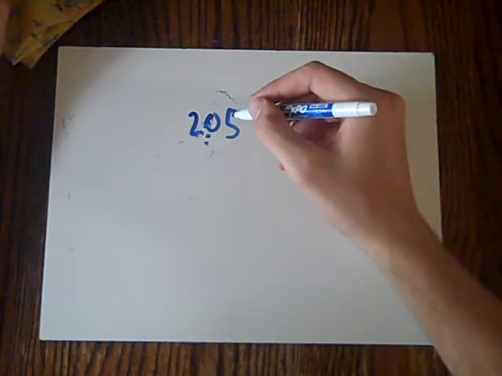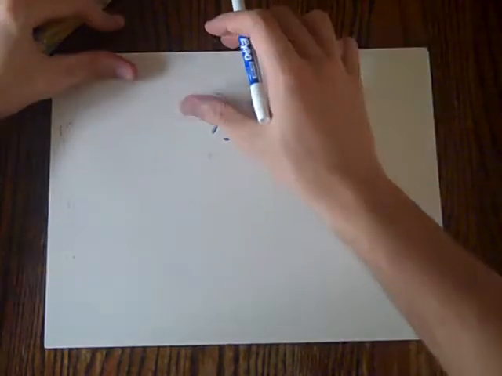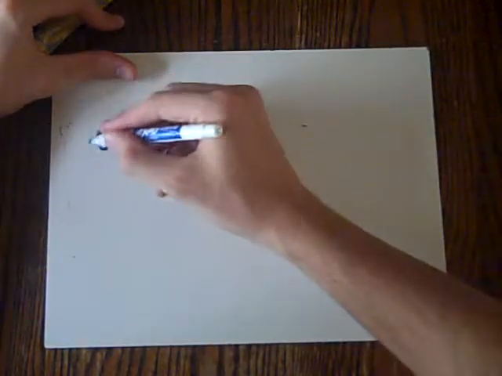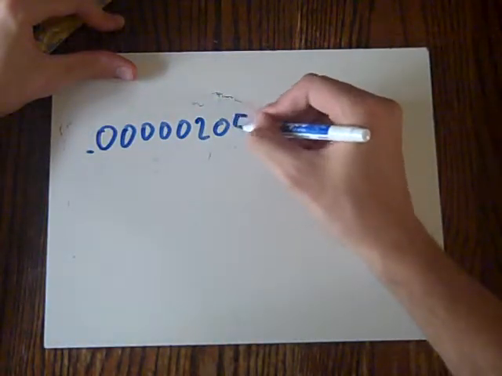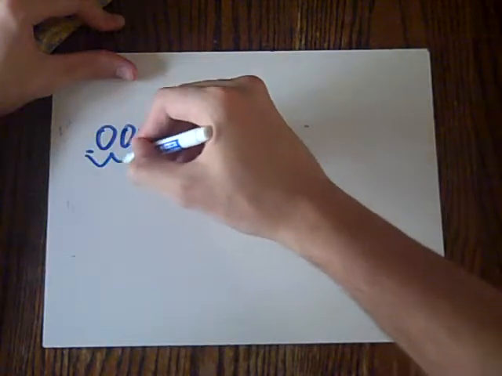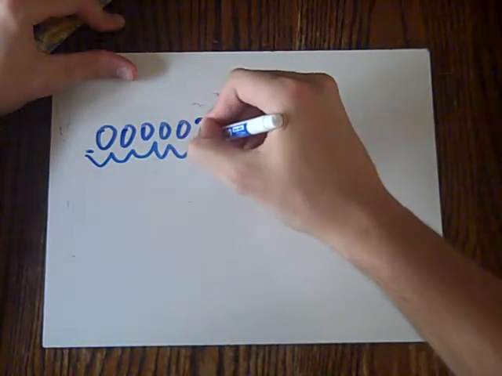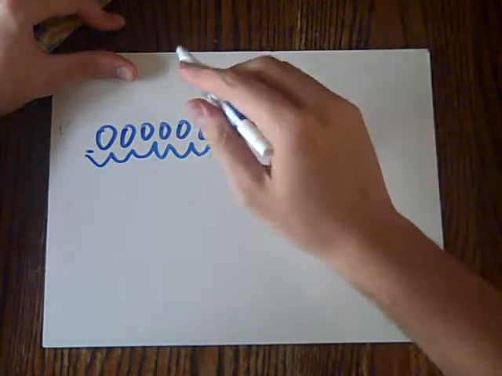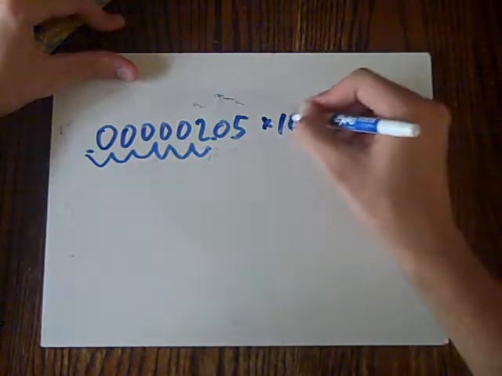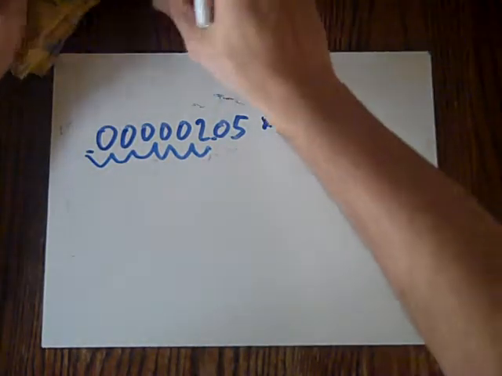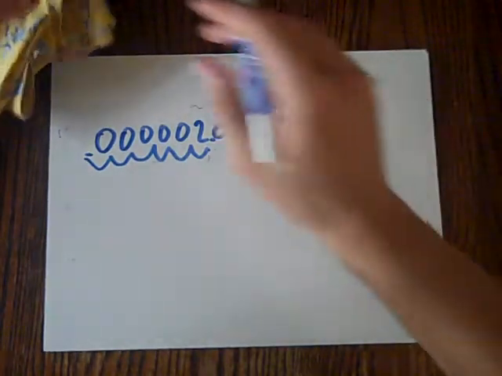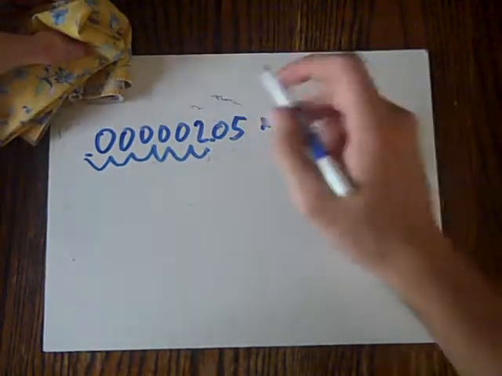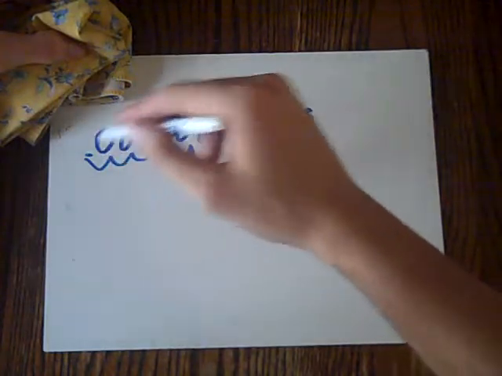And oh great, I forgot how to count. This is really tough stuff, so you gotta know how to do it, unlike me. Okay, 4, 5, 6. So it's times 10 to the negative 6, because the actual thing is actually far out.